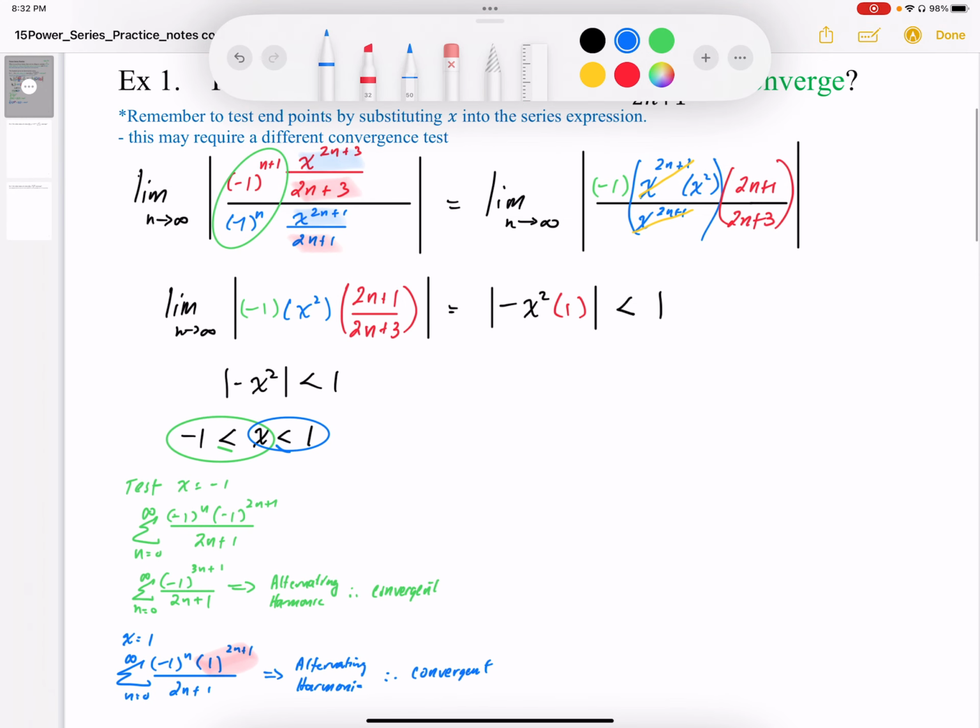So our interval of convergence, we include the endpoint of negative 1, and we include the endpoint of positive 1. So this represents our interval of convergence.